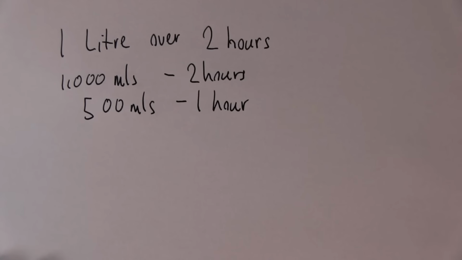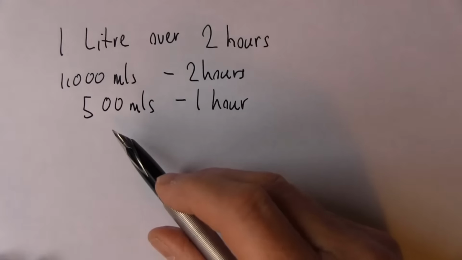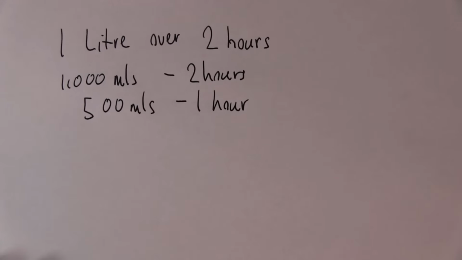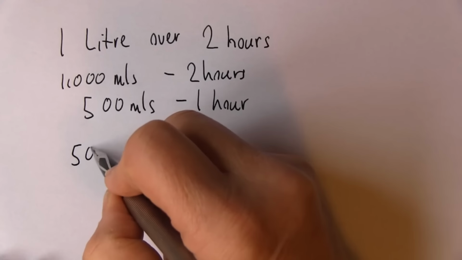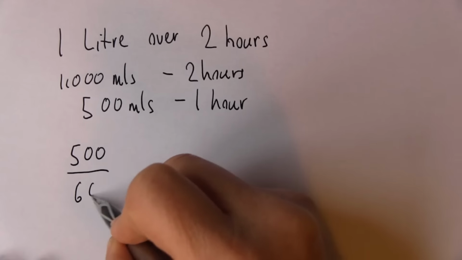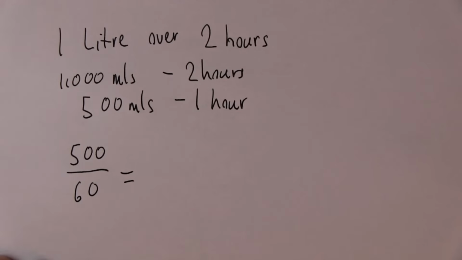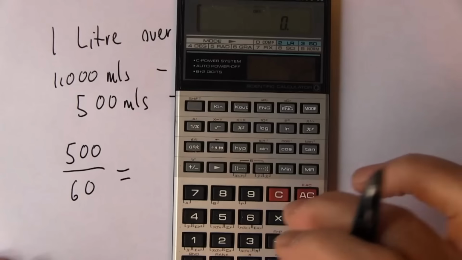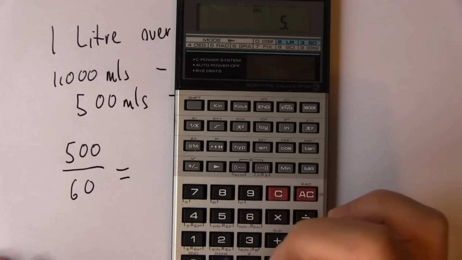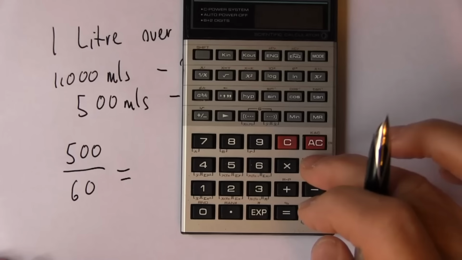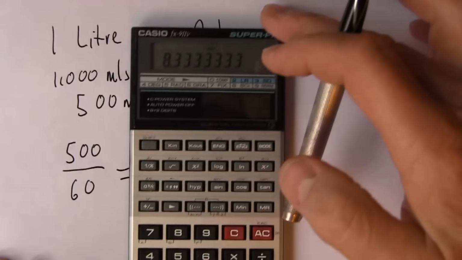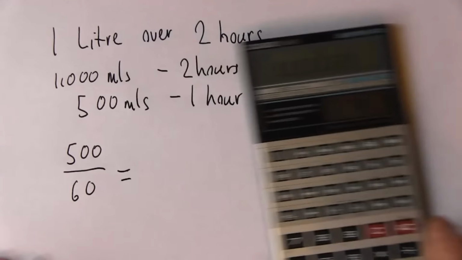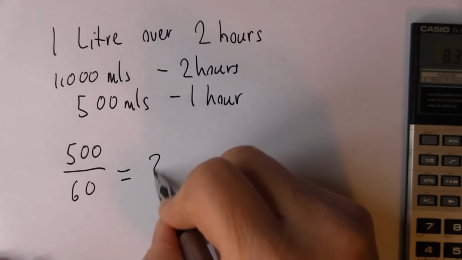Now the first thing I want to do is change this into mils per minute. So it's 500 mils in 1 hour. How much is that per minute? So 500 divided by 60 equals 8.333, 8 1/3.